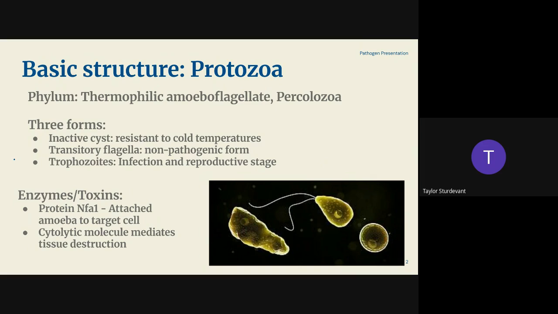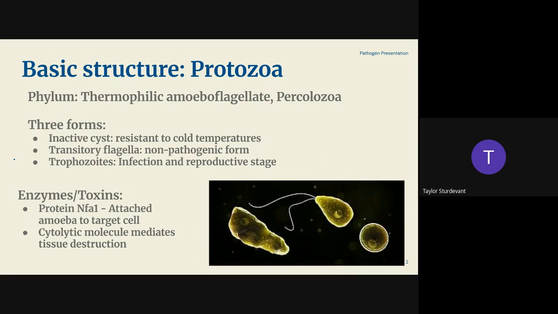The trophozoites are the form of N. fowleri that becomes a problem. This is the infection and reproductive stage of N. fowleri. This is what's going to infect our host and be able to get in and become the brain-eating amoeba.